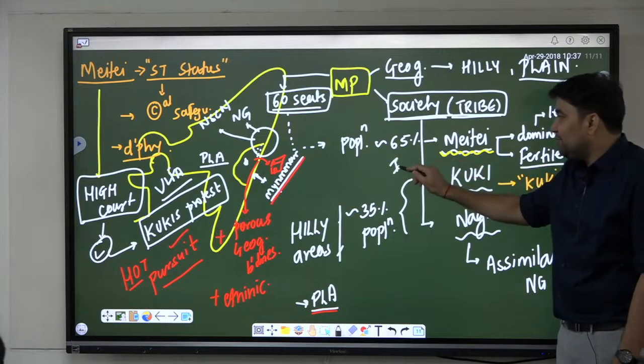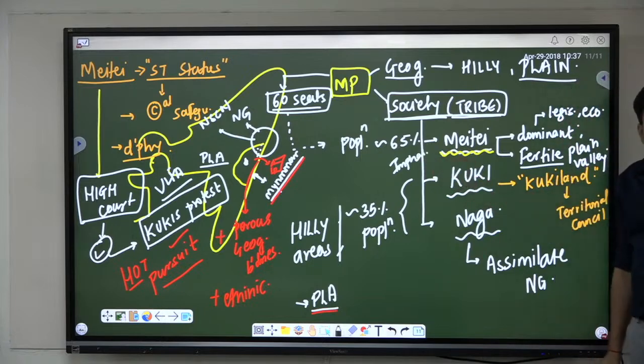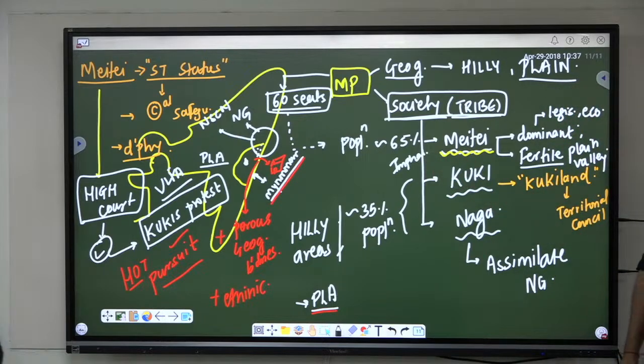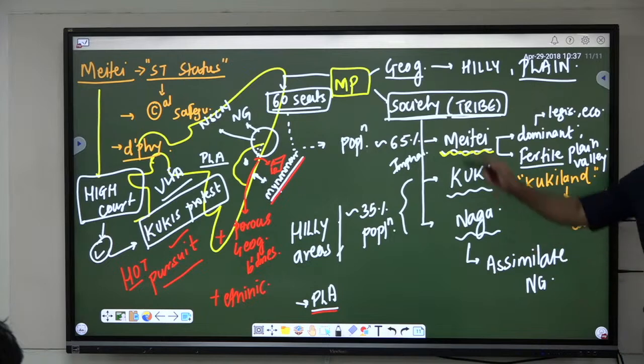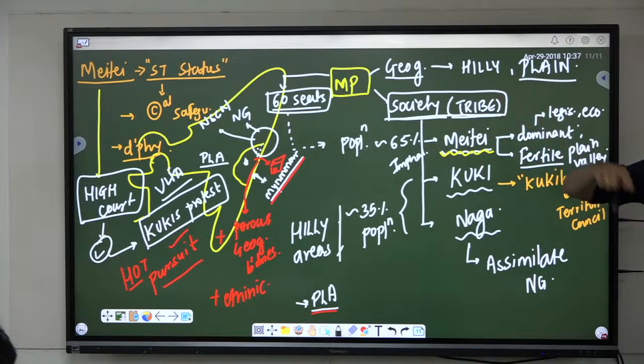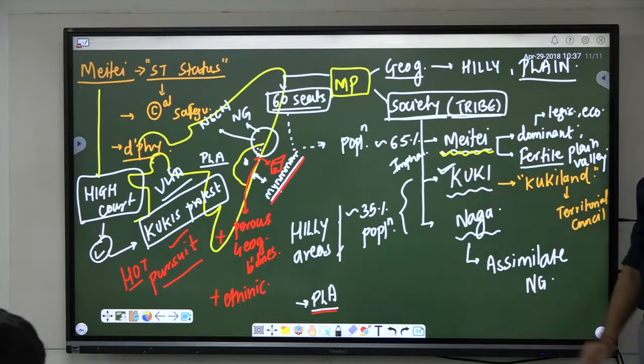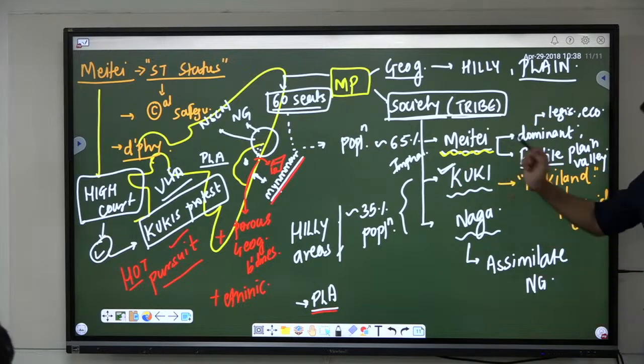They stay in Imphal. So in what sense are you politically and economically backward? So this is not the right thing. Second, if you are given ST status, then there will be competition between us. There will be loss of the employment opportunities and the job opportunities which are genuinely required for us. So that is why we are protesting.